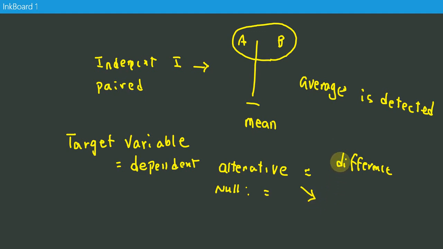But if the results show there is a difference, as shown by the p-value, the probability value, being below 0.05, then your alternative hypothesis wins and the null hypothesis is rejected.